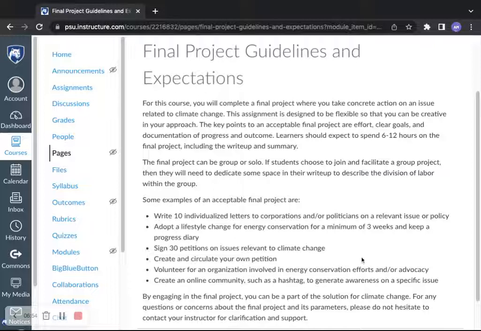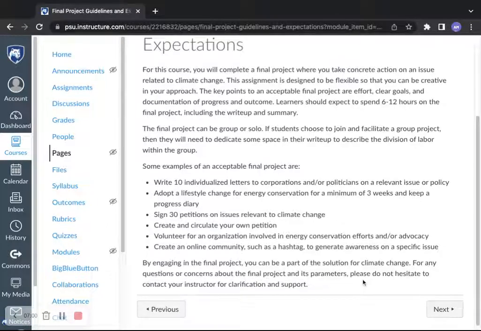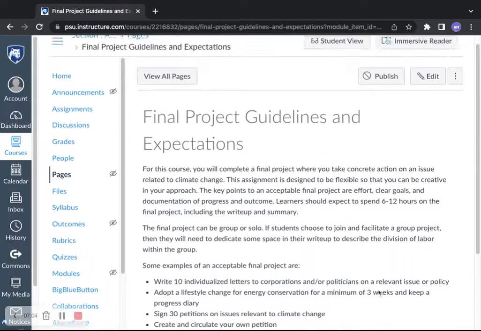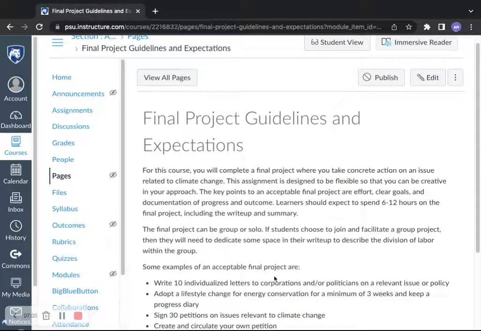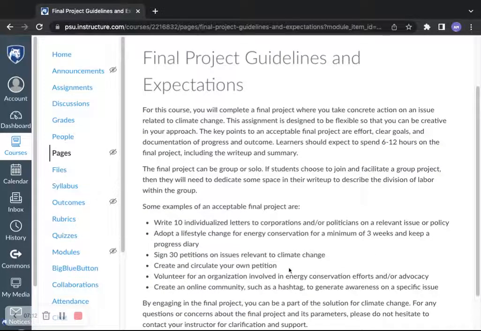To spend some time volunteering, to get involved in digital advocacy by creating a hashtag. Those are just some of the different ideas that people can have. And I was hoping that, if this were to be a real course, there would be a lot of ideas and creative projects that people could come up with that I wouldn't even be able to think of.